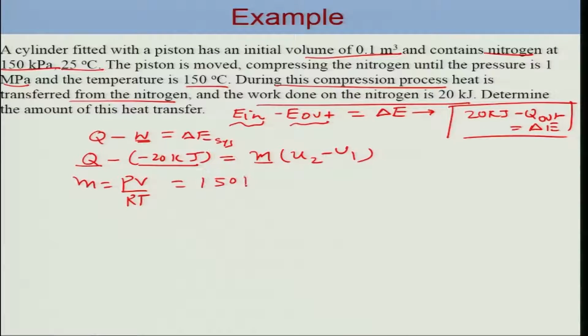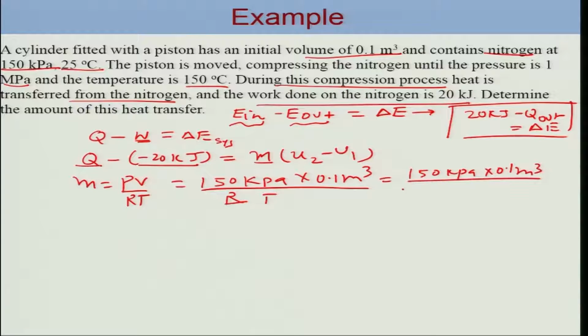This is the initial mass, because the mass would be fixed, so we have the information of 150 kilopascal times the initial volume, 0.1, and R and T. R is the gas constant, so you can look at A1 and obtain it from there: 150 kilopascal times 0.1 meter cube, divided by 0.2968 kilojoules per kg Kelvin times 298.15 Kelvin.